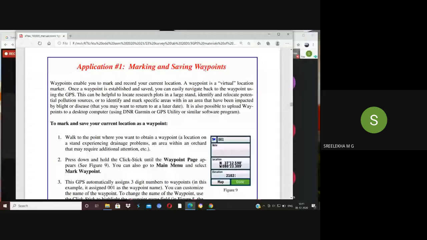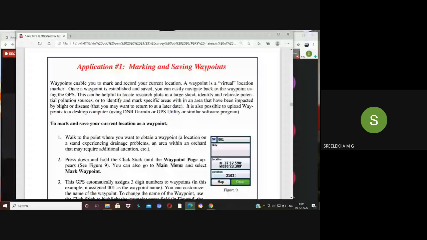For example, if we are doing some survey like drainage, it can be a problem of drainage, or a problem of accident study, or we will be collecting the details of some land use or buildings, residential buildings or commercial buildings or like that.